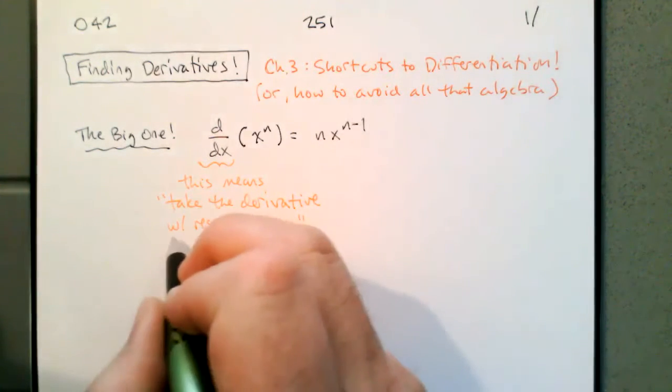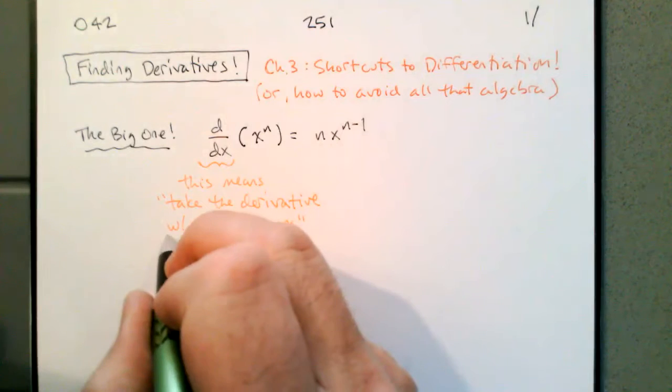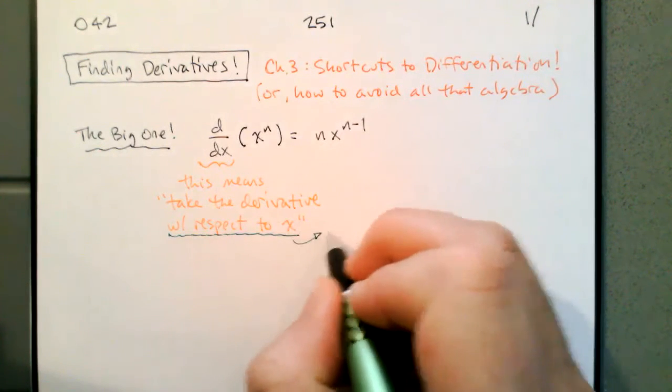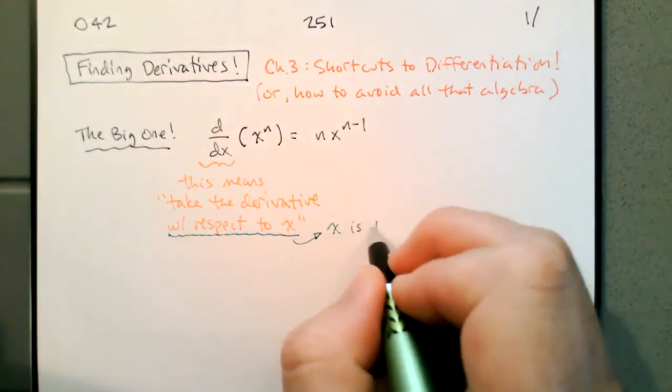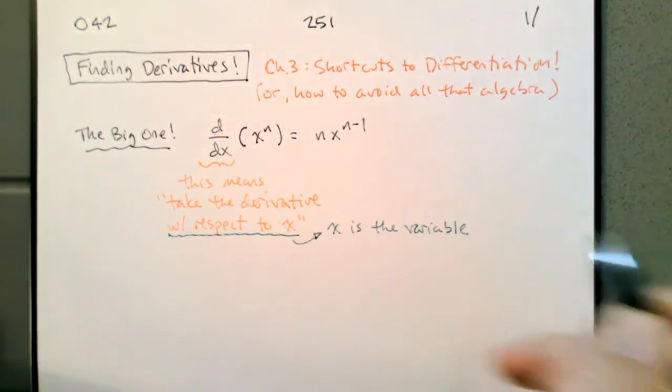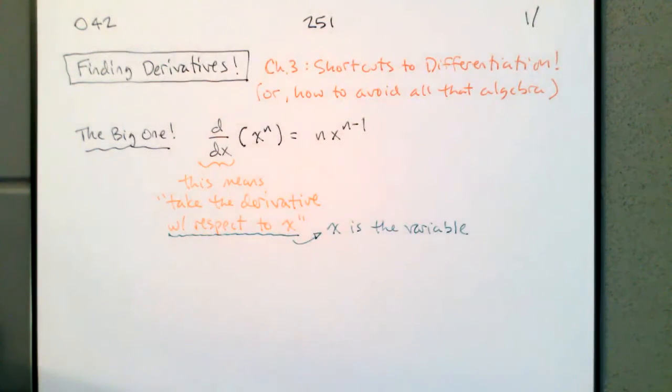So when we say with respect to x, we're identifying what the variable is. So that's the symbol d over dx. And we'll just say d dx of x to the n. And it just means take the derivative of the function.